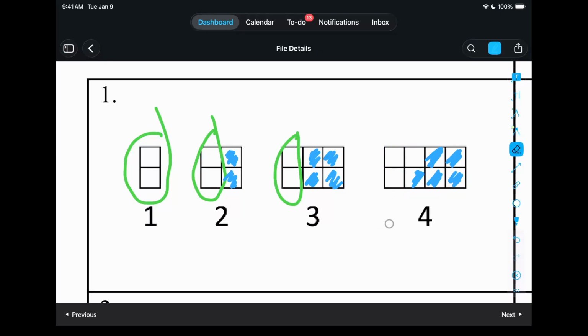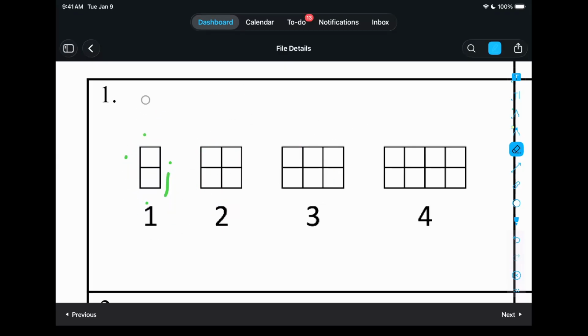So let me get this out of the way. The way I'm looking at it, this is kind of like the base, and then it's expanding outwards.